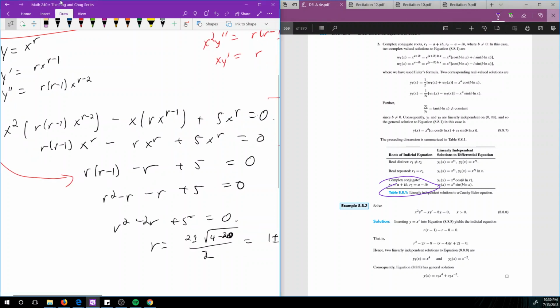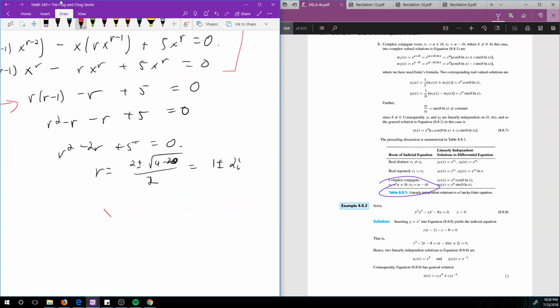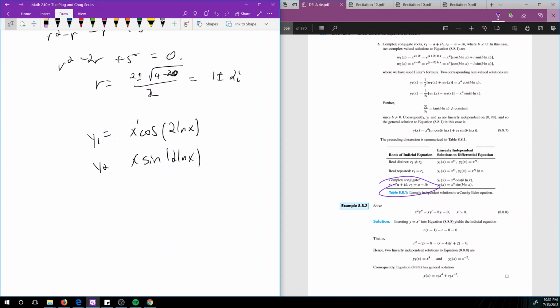I have a complex conjugate root, so y1 is equal to x to the a, and in my case a is 1, so x cosine of b ln x, where b is 2, so x cosine 2 ln x, and y2 is x sine 2 ln x. Therefore my general solution is y equals c1 x cosine 2 ln x plus c2 x sine 2 ln x.